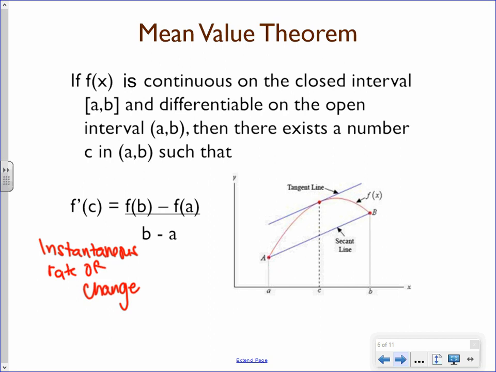What's the phrase that we have for slope? Average rate of change. Okay? Basically, the mean value theorem says whatever the average rate of change is between the 2 points, somewhere between those 2 points there will be an instantaneous rate of change that is the same.